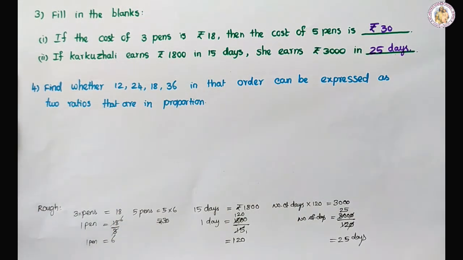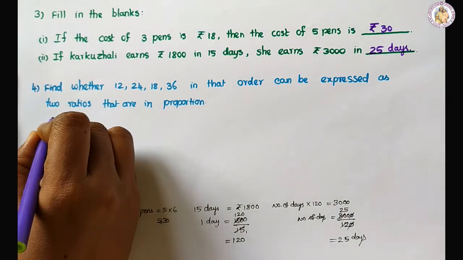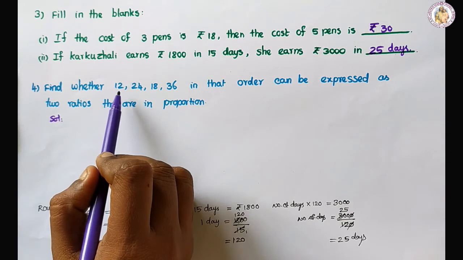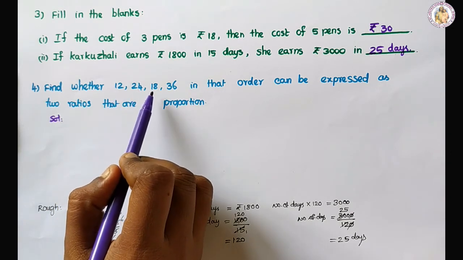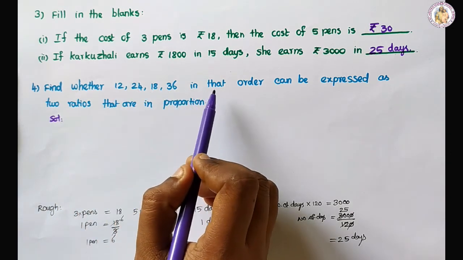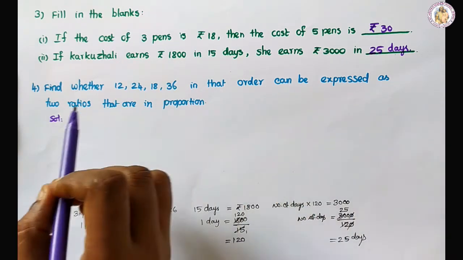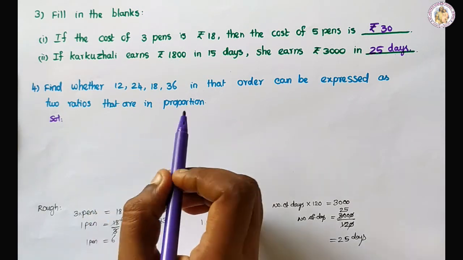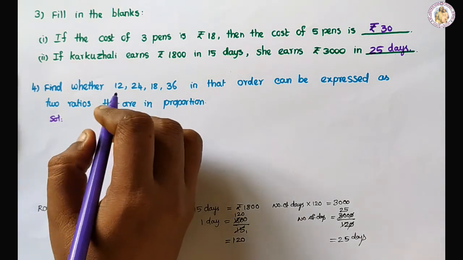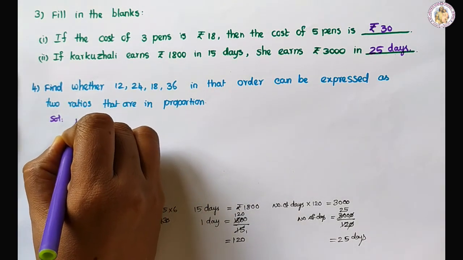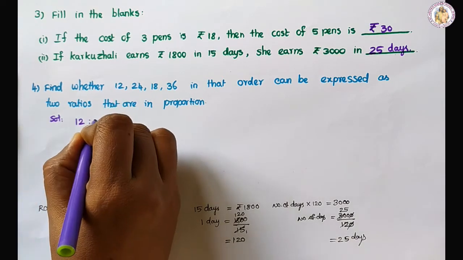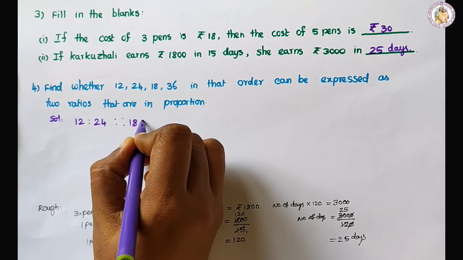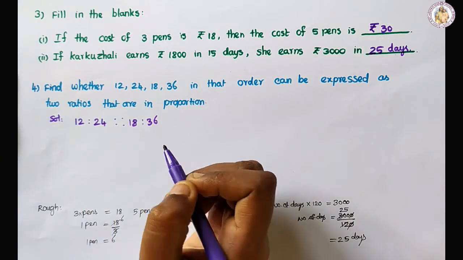Next one. Fourth, find whether 12, 24, 18, 36 in that order can be expressed as two ratios that are in proportion. First expression proportion, that is 12 is to 24 as 18 is to 36.